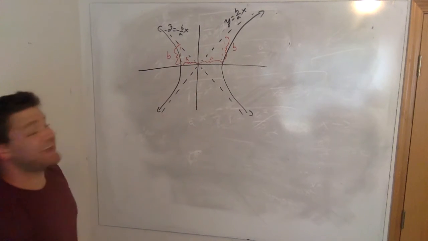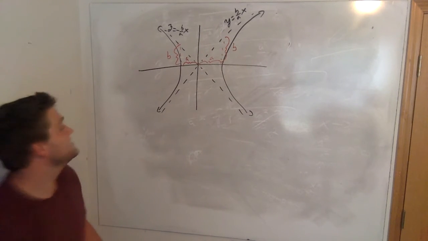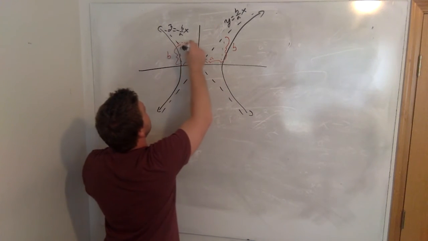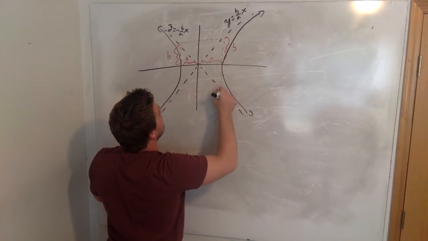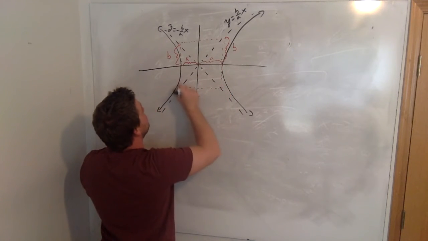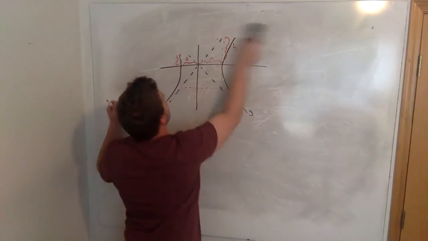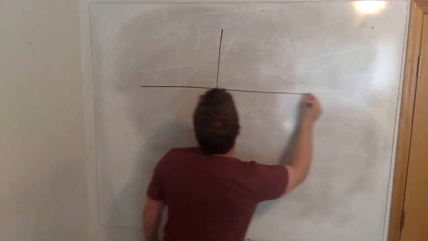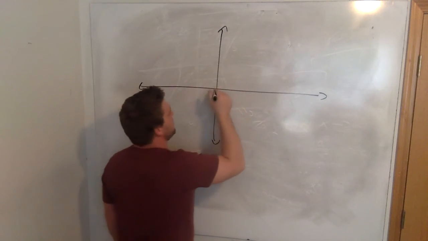So what we've created is something that's called the central box. Let's draw it. What really guides the graph of a whole hyperbola is this thing called the central box.